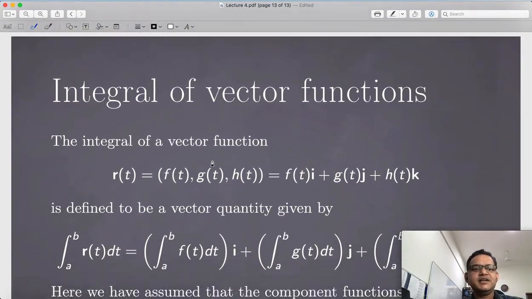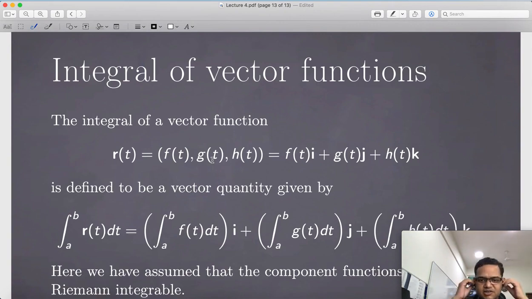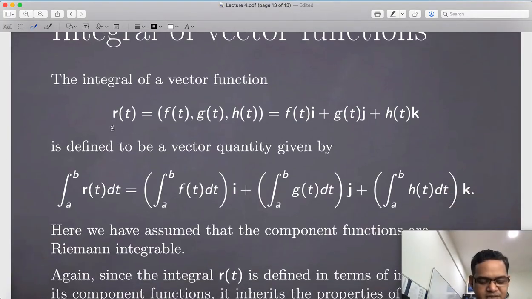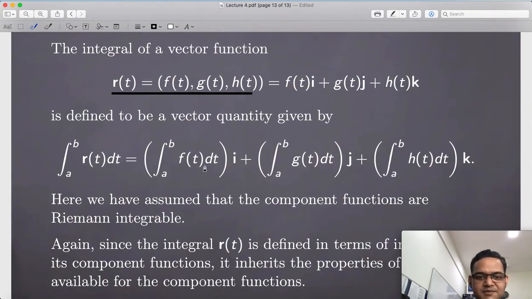Now in a similar fashion I can also define the integral. I am just going to define the definite integral all the time here. I am going to integrate the vector valued function with respect to the parameter varying over an interval. Since everything is in terms of components, these definitions are just in terms of the components.